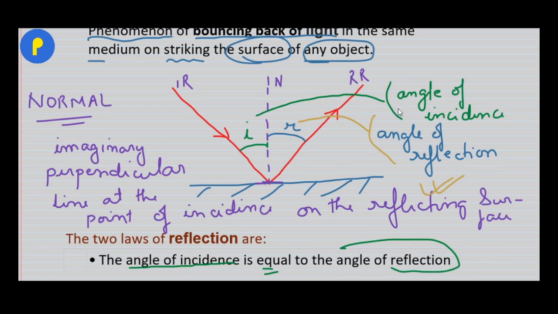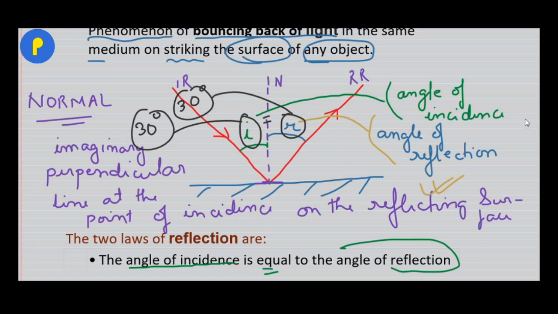So basically what we mean is that I, the angle of incidence, is equal to R. If I is say 30 degrees, so should R be 30 degrees. So they are the same.